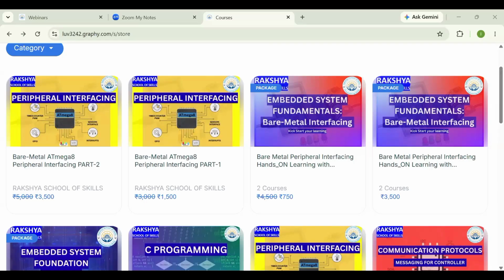Quickly type in the chat box. Definitely, you will spend the next 30 years in your career. Yes, very perfect. This is the thing you have to understand.